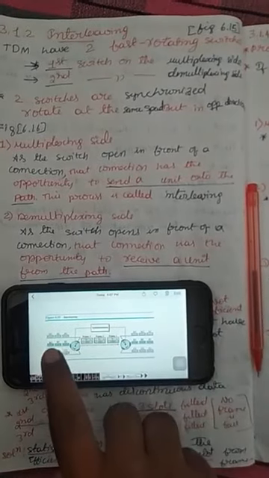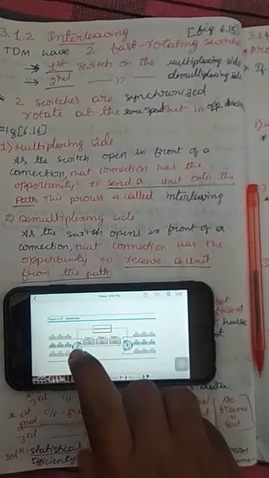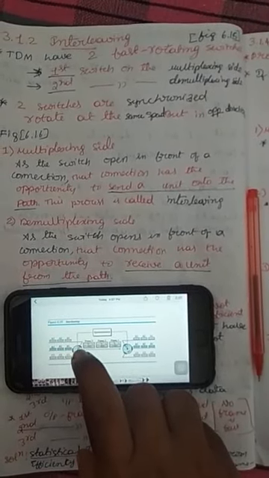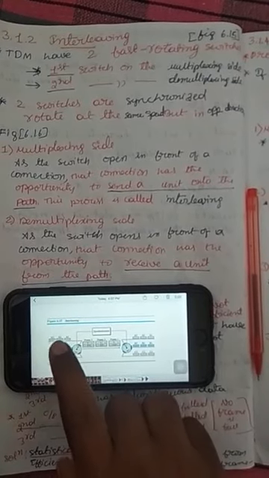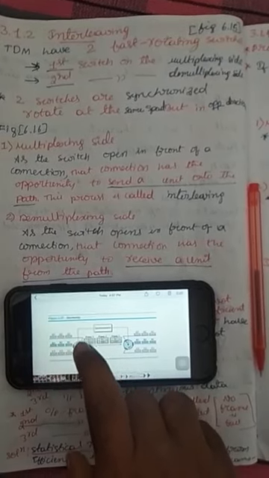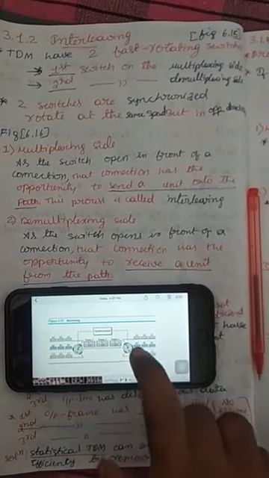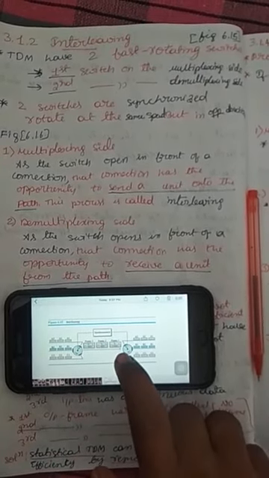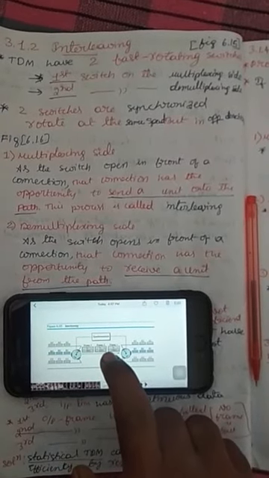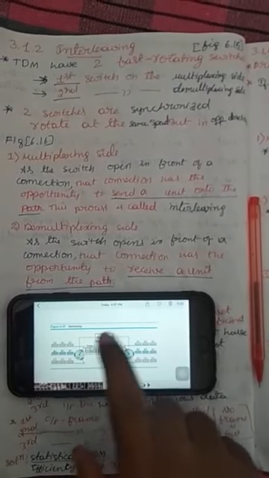Okay, what they are telling is that on the multiplexing side, if the switch is open, then the sender will send the units to the path, that is, to the link. On the demultiplexing side, when the switch is open, the units from the path or link will be sent to the receiver.